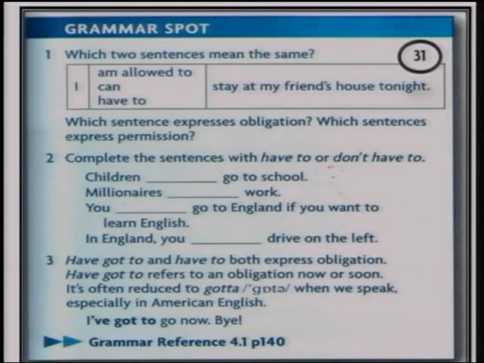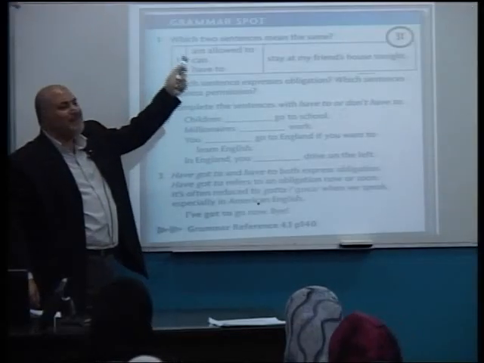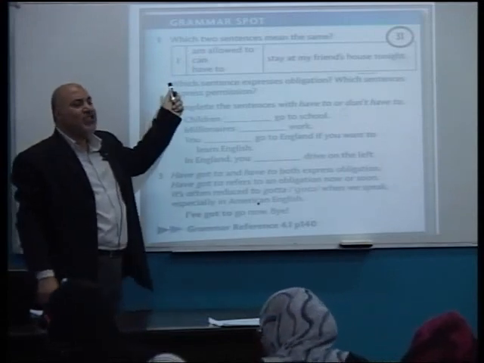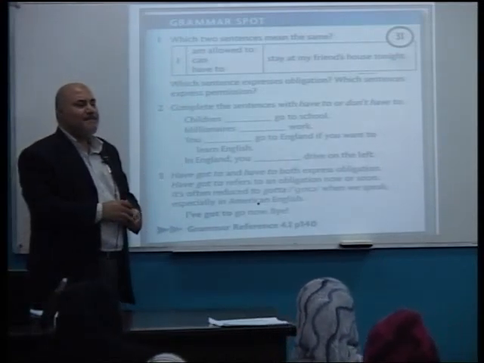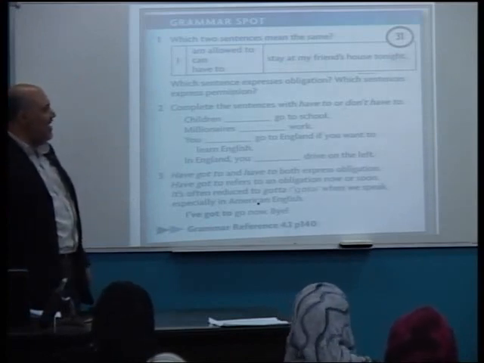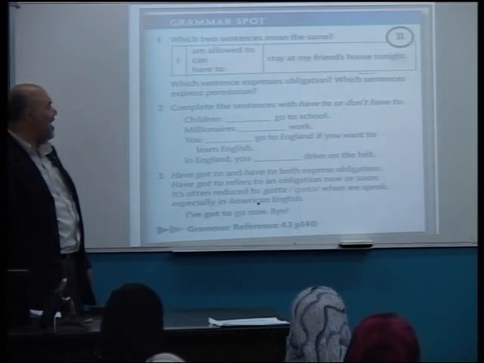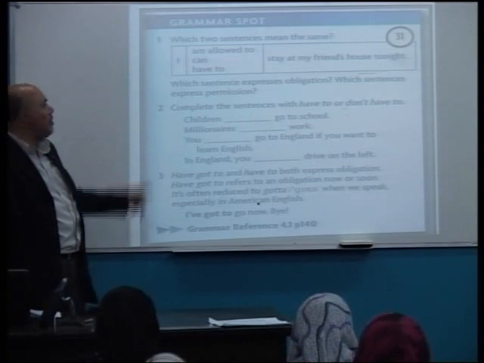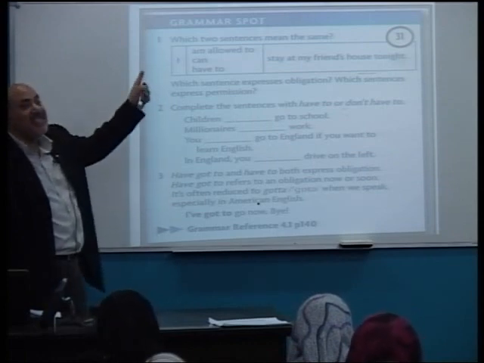And this is the grammar spot. Which 2 sentences mean the same? Now we have 3 sentences. Which 2 of them mean the same? I am allowed to stay at my friend's house tonight. I can stay at my friend's house tonight. I have to stay at my friend's house tonight. So which 2 sentences mean the same?